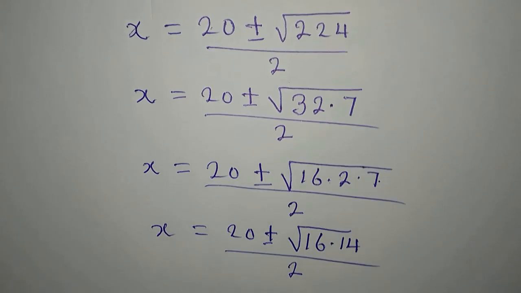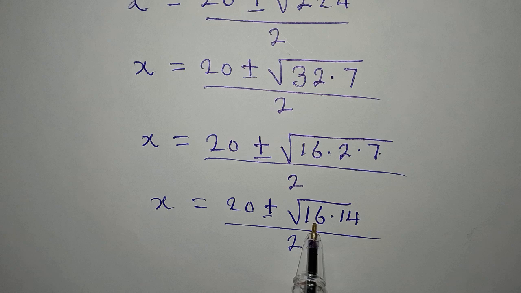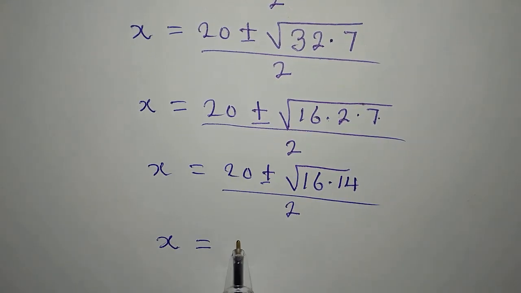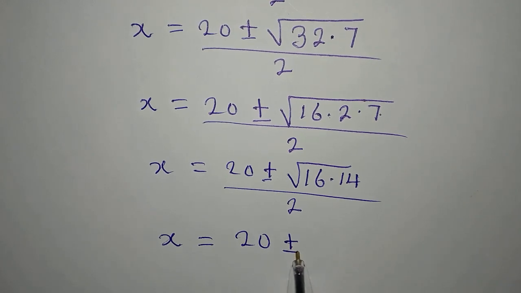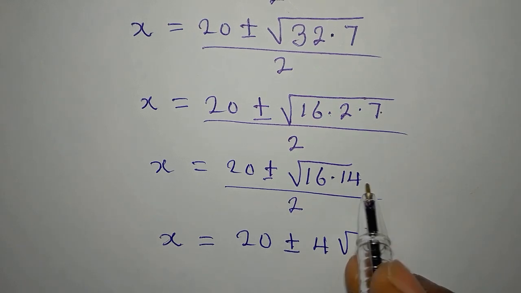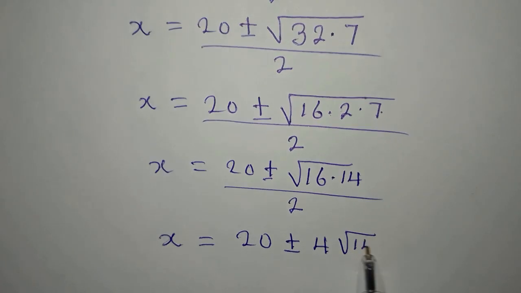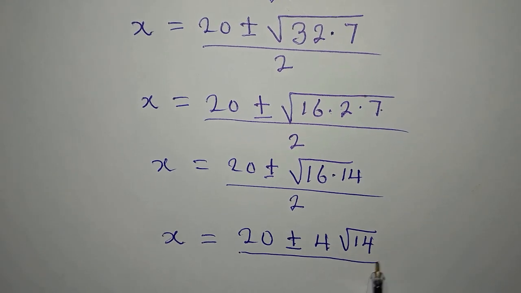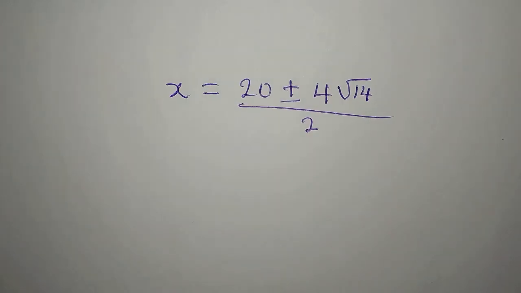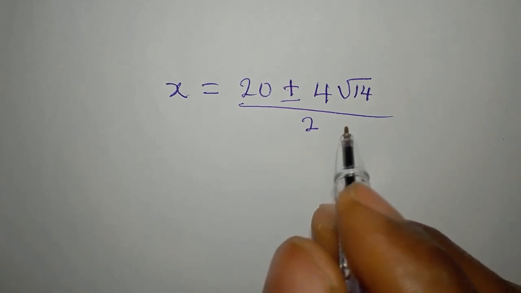Now we have the highest perfect square obtainable. So our x is equal to 20 plus or minus square root of 16 is 4. Then we have square root of 14. Then we divide this by 2. Okay, so this is what we have.